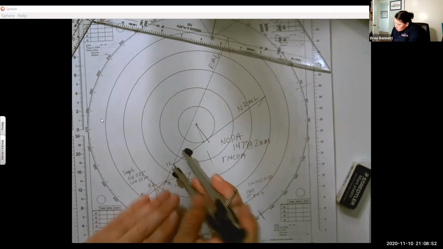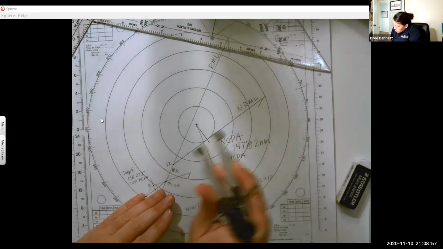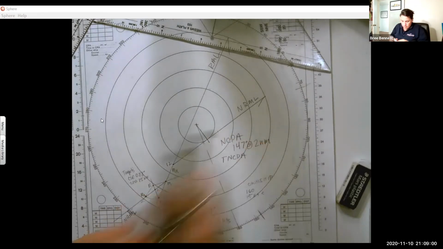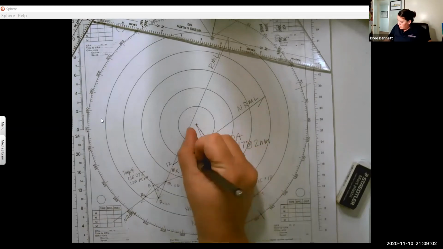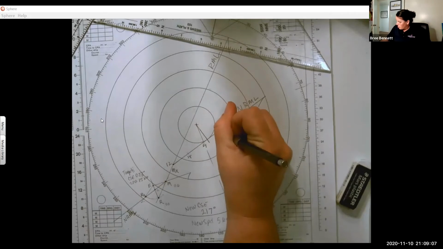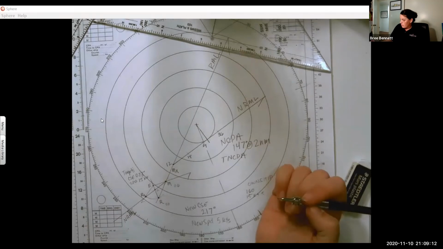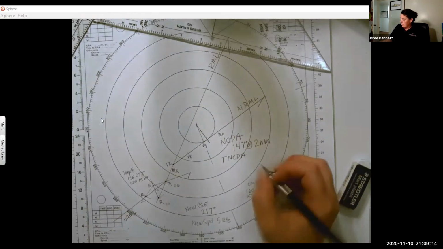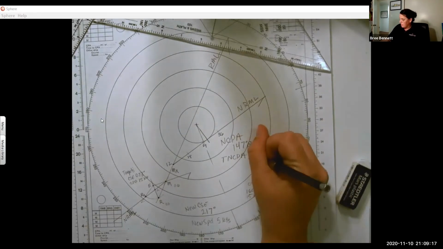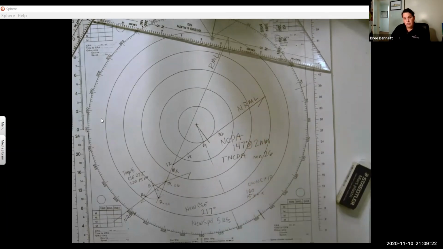That was 12, 18, 24, 36. So I might call it 24, 26. I might call my time CPA at minute 26. Again, the time is plus or minus 3 minutes. So you have some wiggle room there.